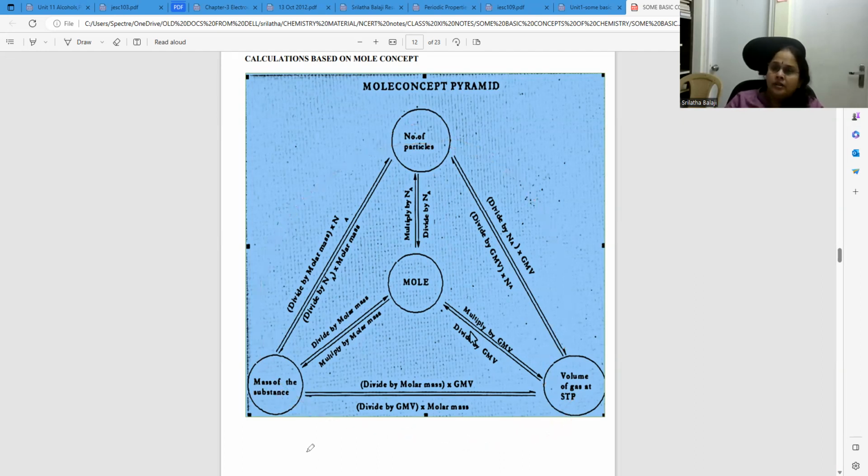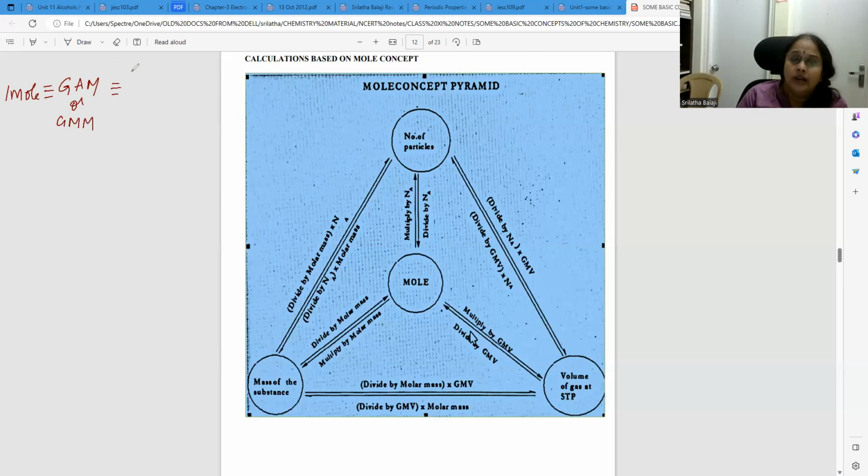Yes, ma'am. So, for that, also we have a formula, but there's an alternate route also. I'll give you both. You can choose any one. Both are accepted, even by your board. So fundamentally, the basic relation we are going to keep here is: 1 mole is equivalent to gram atomic mass or gram molar mass.